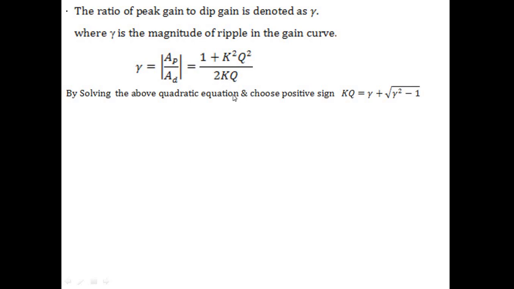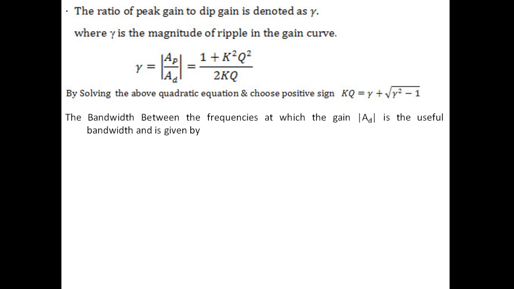You solve the above quadratic equation and choose the positive sign. You will get kq equal to gamma plus the square root of gamma square minus 1. This is what we have already quoted. The bandwidth between the two frequencies is normally high, which is a useful bandwidth.